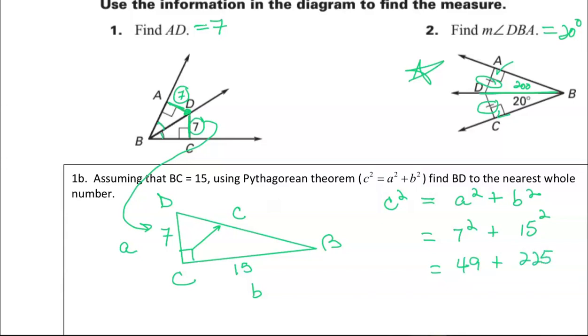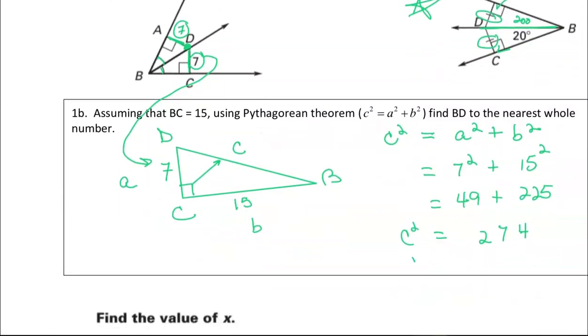So I'm going to add those two together, and I get 274. C squared is 274. So I'm going to just say C is radical 274, and that's not a perfect square.